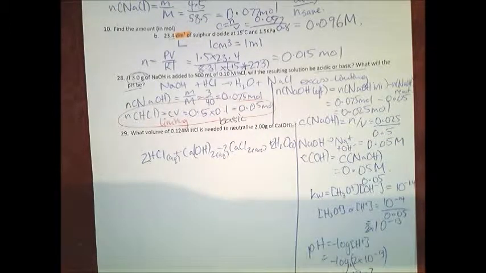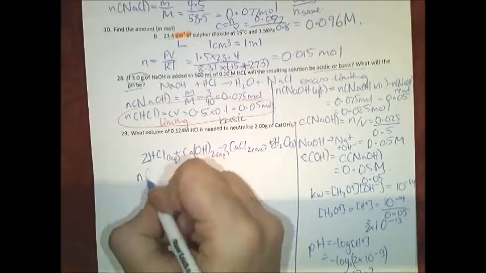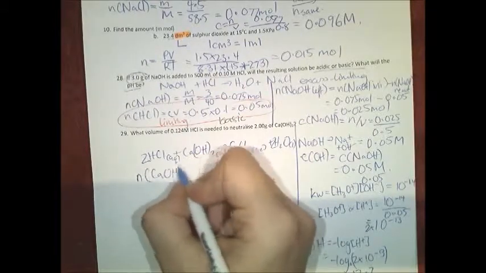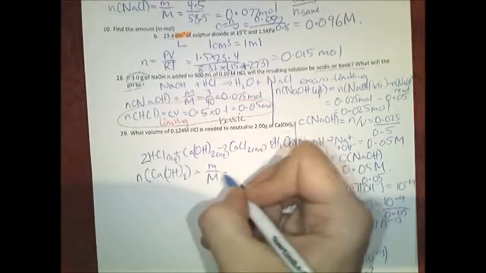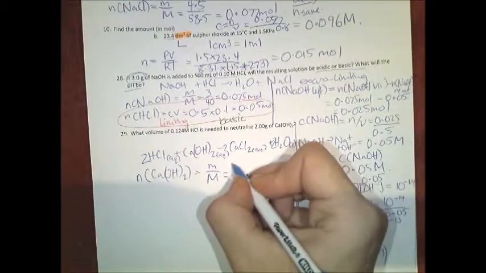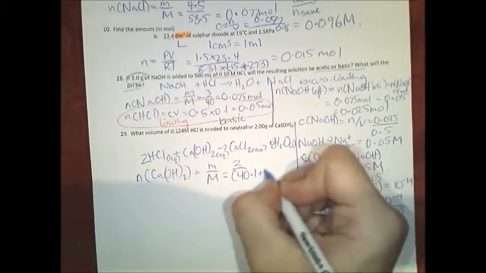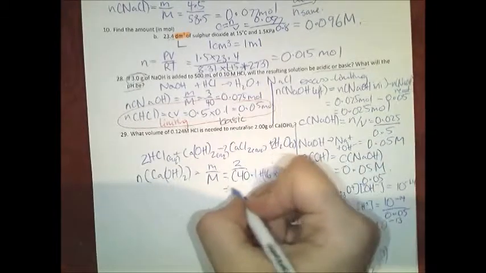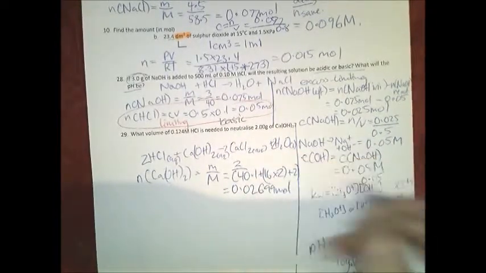Now, the moles, we have to start off with the moles of our known, which is calcium hydroxide. Mass over molar mass equals 2 over 40.1 plus 16 by 2 plus 2, 0.02699 mole.